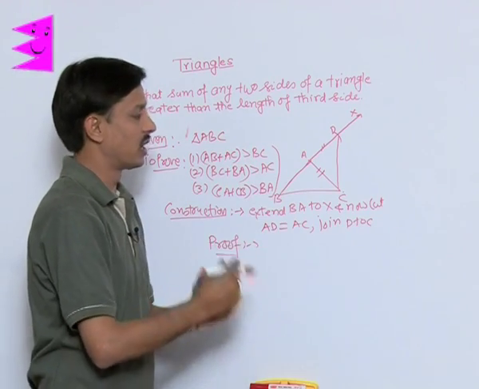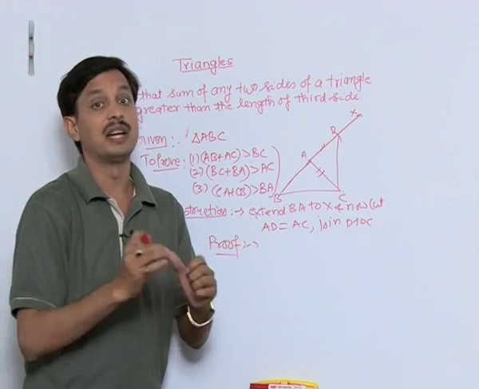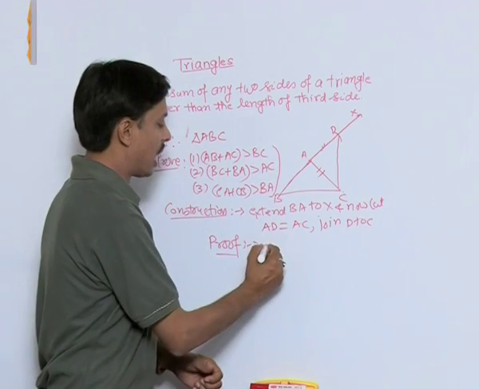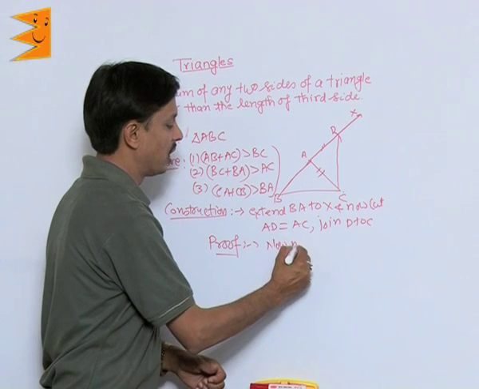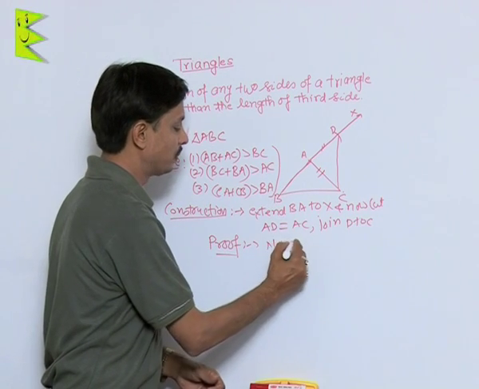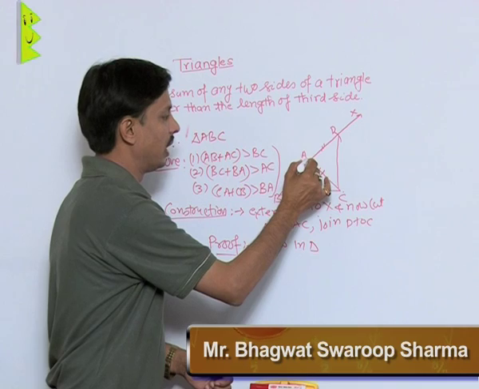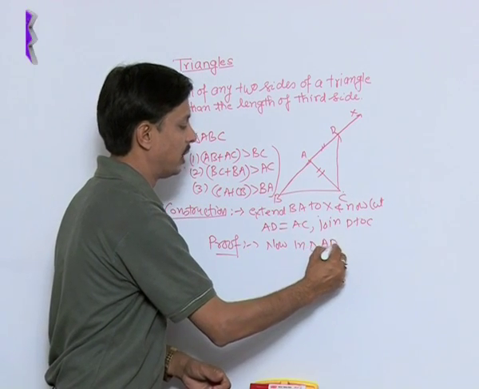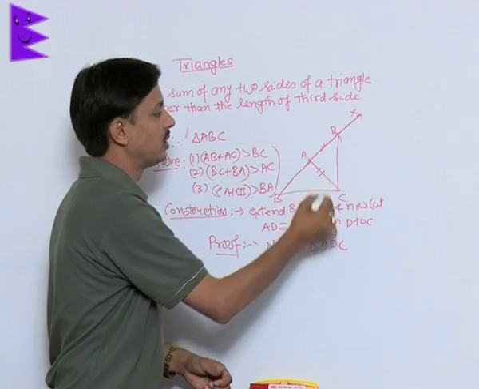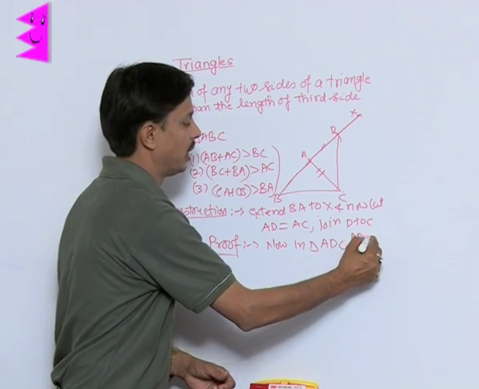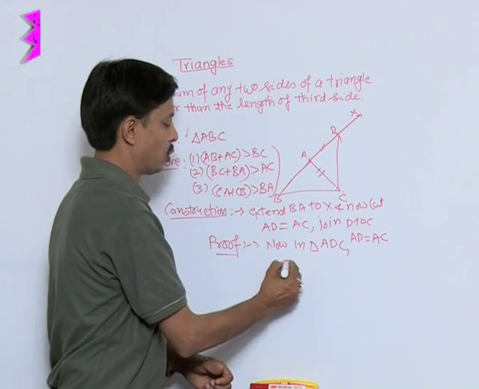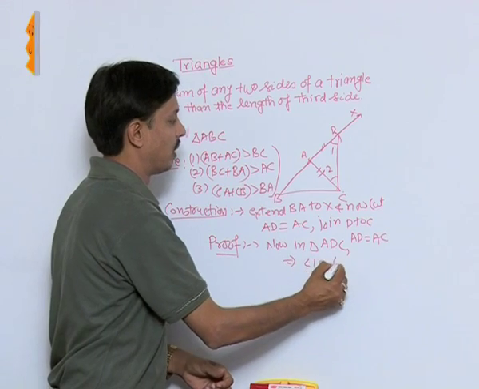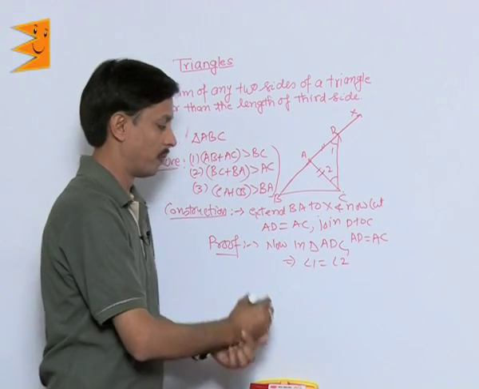In any triangle, we know that if two sides are equal, then the two opposite angles are also equal. Now in triangle ADC, I have taken AD equal to AC. So what does this imply? The opposite angles are also equal, so angle 1 is equal to angle 2.